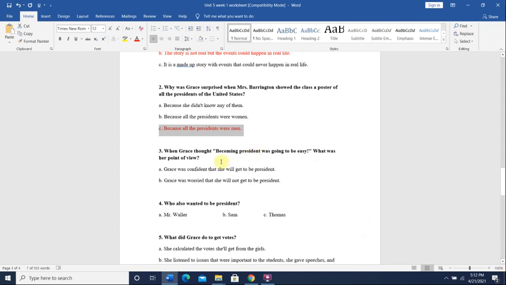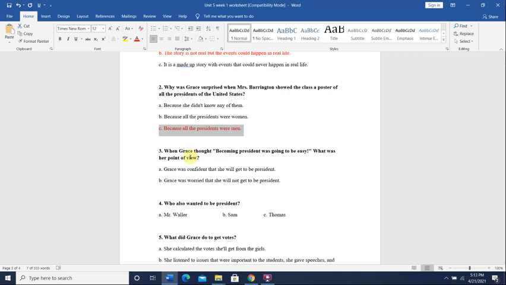When Grace thought becoming president was going to be easy, what was her point of view? Okay, when she raised her hand and she told Mrs. Barrington, "I want to become president." And then when the teacher asked the class, who else would like to become president, and no one raised their hand. So in her mind, she started thinking, oh, becoming president was going to be easy.